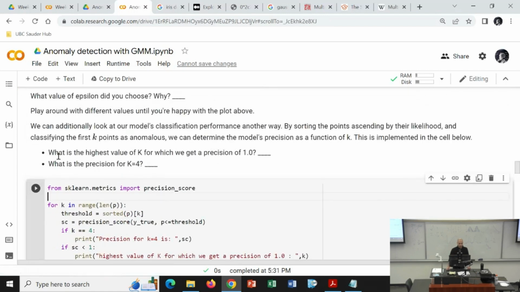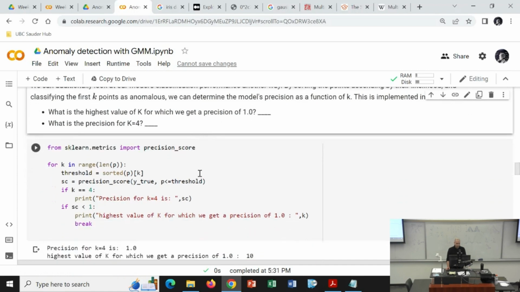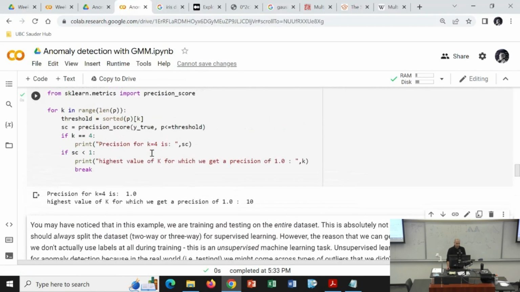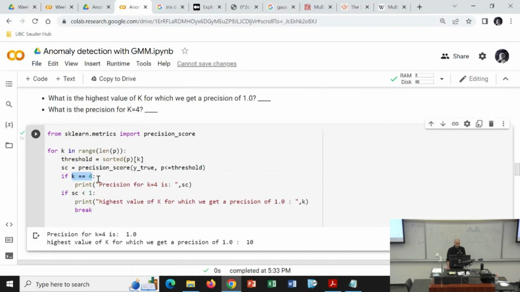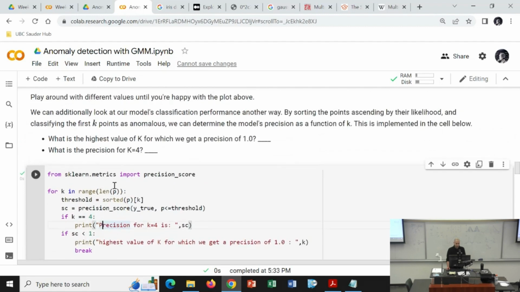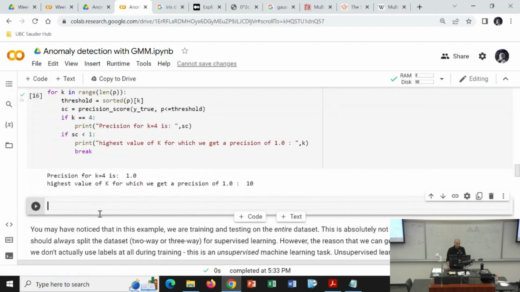All right, and then it also asks what is the highest value of k where we can still get a precision of 100%. So just to answer these 2 questions, I have this piece of code. Here, if we use 4 as the threshold, I'm sorting them, right? So the sorted p looks something like this.